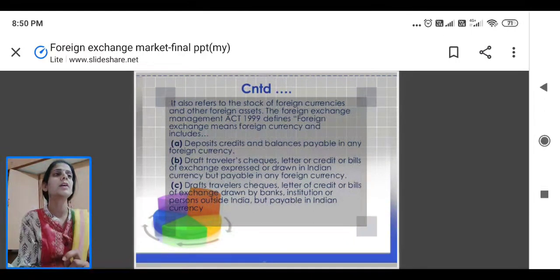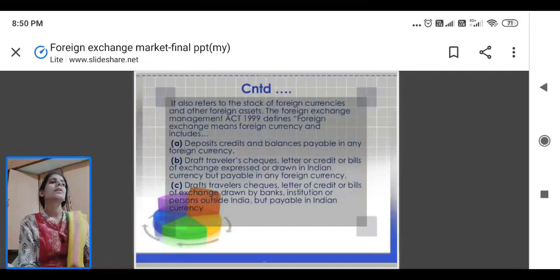It is not "or", it is a letter of credit or bill of exchange expressed or drawn in Indian currency, but payable in any foreign currency. Means in India you deposit that check or that letter of credit and get it converted into the currency of the different country where you want to transact.